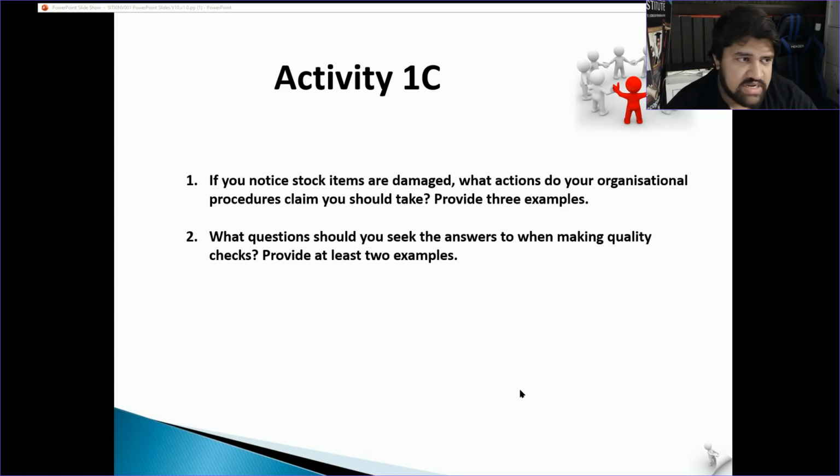So it's not really your responsibility to make sure what's happening in the production facility or at the supplier's warehouse.